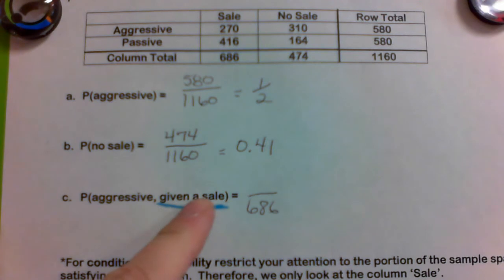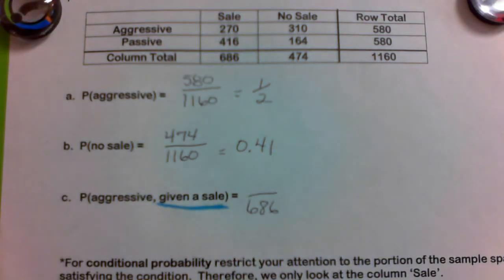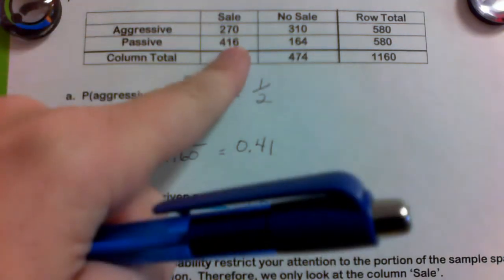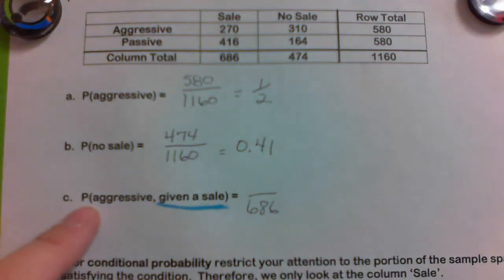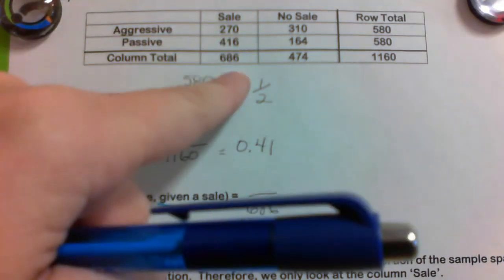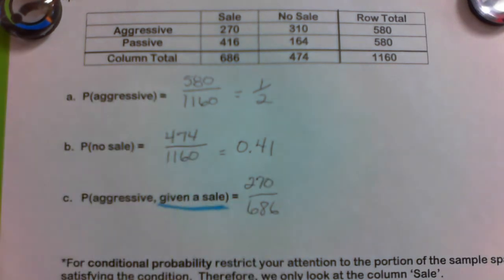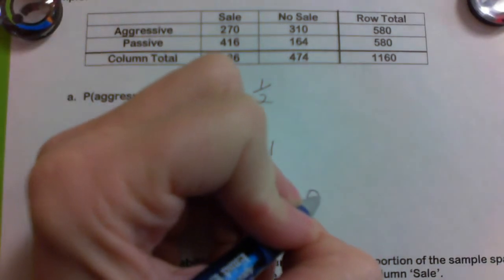So always look at the condition and find that value, and that will be your denominator. So I'm only looking at this column right here. So how many of those were aggressive? There were 270 that were aggressive out of 686. And that is approximately 0.39.